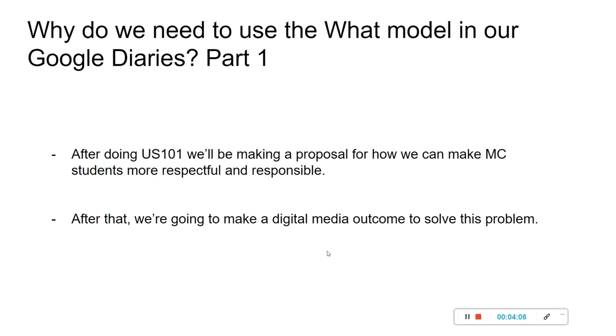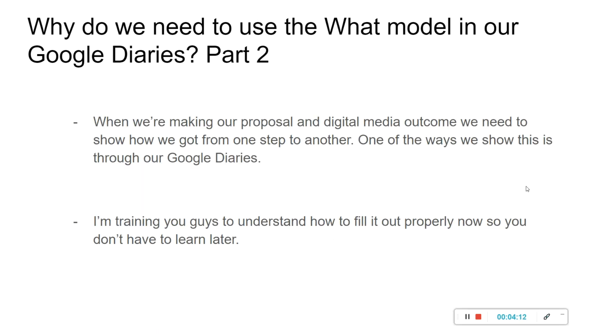So when you're making this proposal and this digital media outcome, you're going to have to show proof about how you slowly made that proposal, how you slowly built the digital media outcome, and how you took the feedback in your room to create those things.